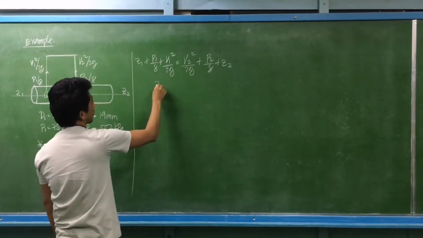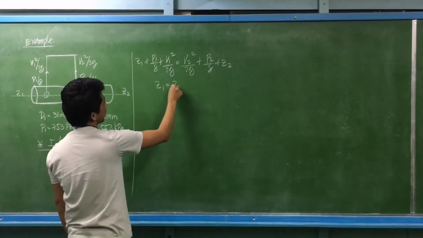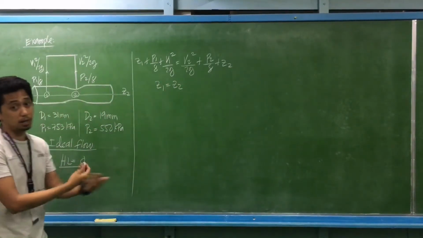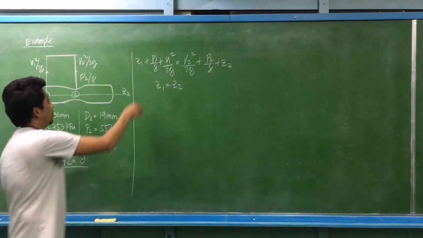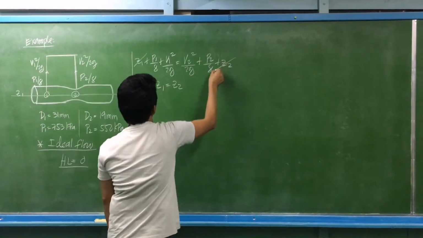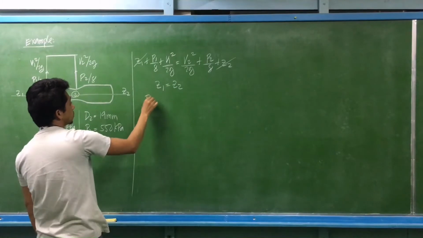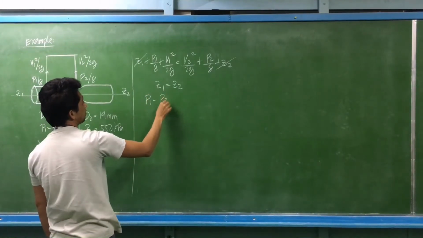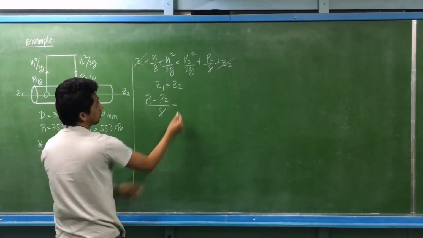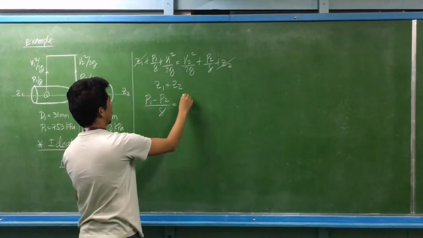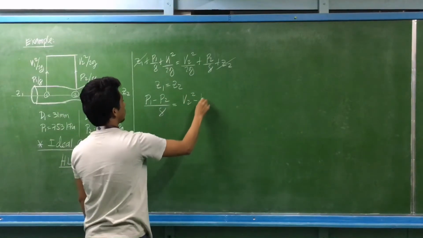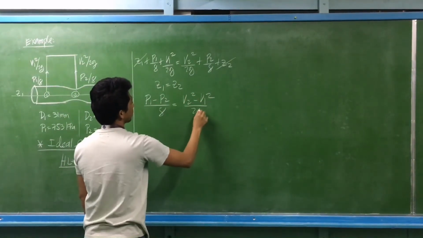Pero take note that kapag horizontal siya, Z1 is equal to Z2. So equal elevations, so we may cancel these two. Okay, then we have to simplify. This is P1 minus P2 divided by gamma. Transpose, that is, we have V2 squared minus V1 squared divided by 2g.